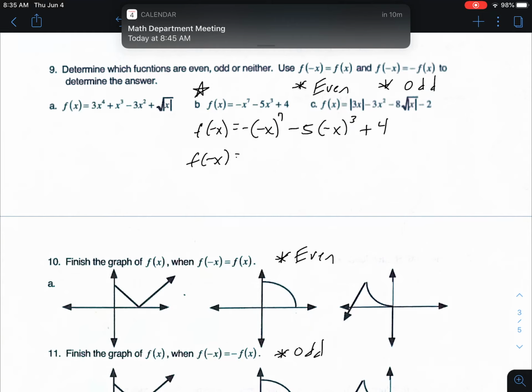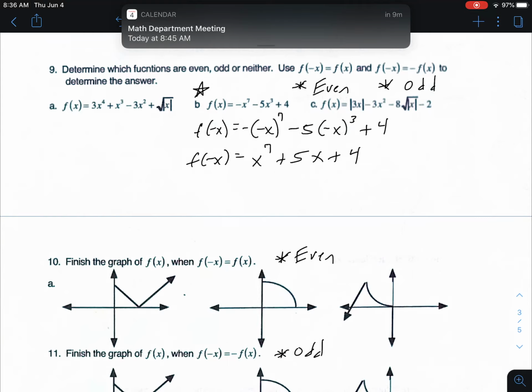And then when we simplify this, negative x to the 7th power is still a negative x, so that's going to change that to a positive x to the 7th. Similar here, a negative x to the 3rd power is negative x times the negative 5 is a plus 5x.